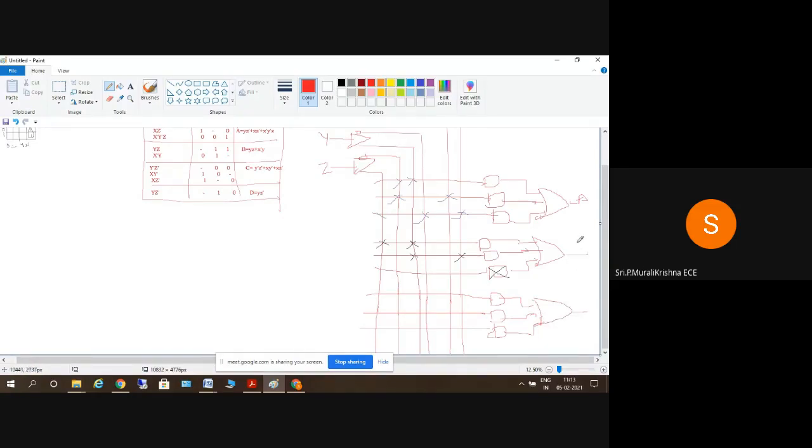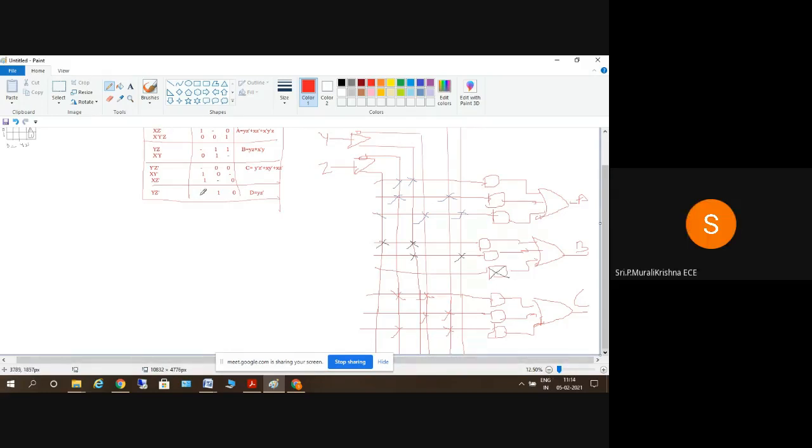Okay, so this is B here, this is C. So this will be using all the product terms here. So Y bar, Z bar. So where is Y bar, Z bar? This is Y bar, and this is Z bar. X Y bar. So this is X here, and this is Y bar. And we have XZ bar. So this is X here, and this is Z bar. So all the 3 AND gates are used here. Clear?